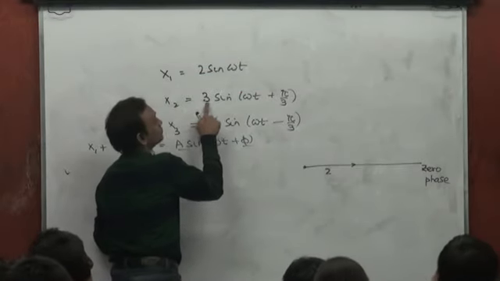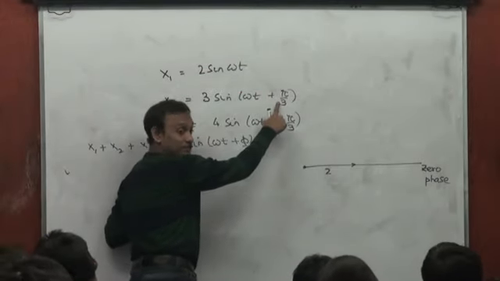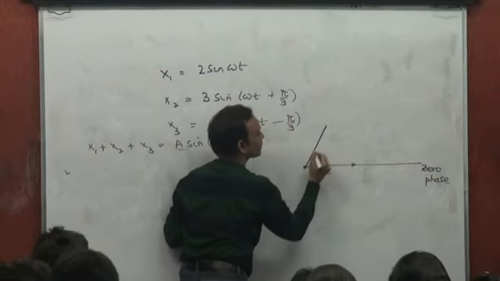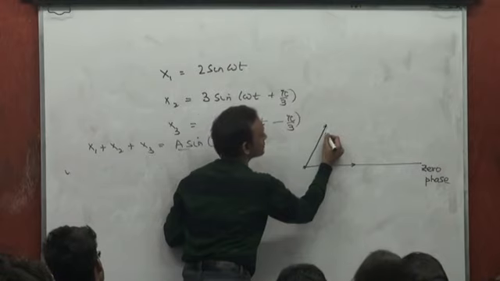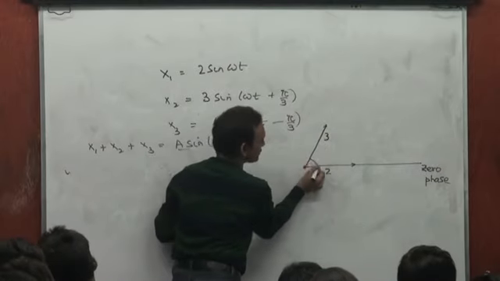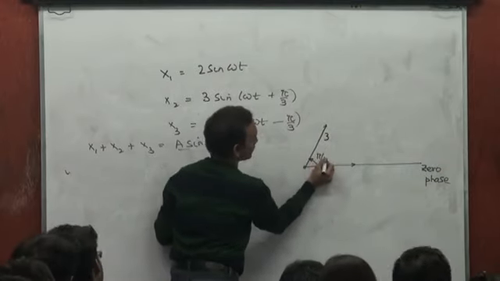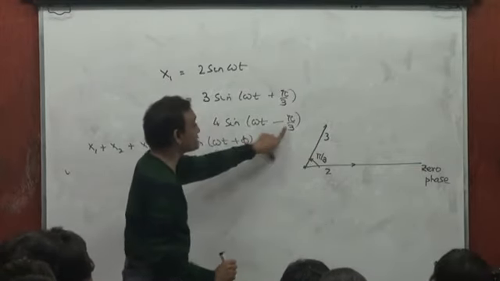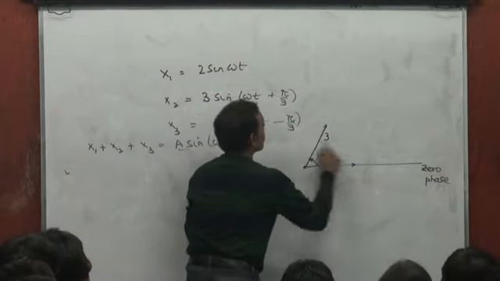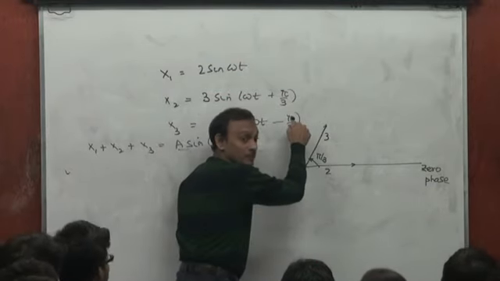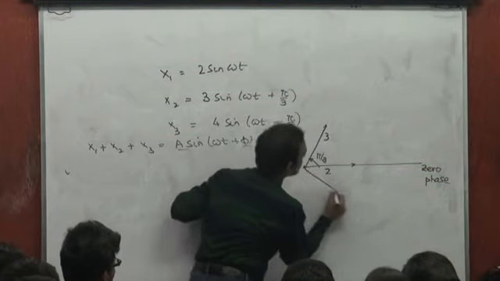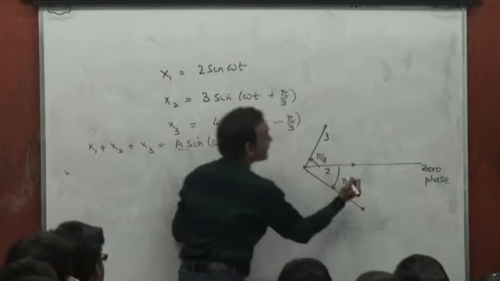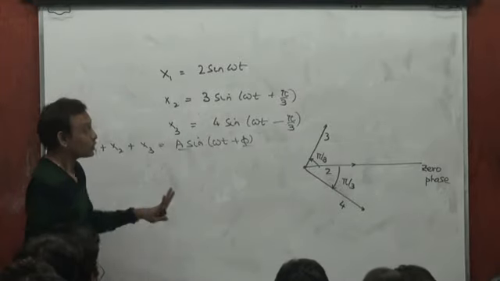Now x2 has phase pi by 3 with respect to the zero phase line, so 3 units and plus pi by 3. And then 4 units and minus pi by 3. If this is zero phase, then this is pi by 3 less than zero phase. So this is 4 units and this angle is pi by 3 with a negative sign.